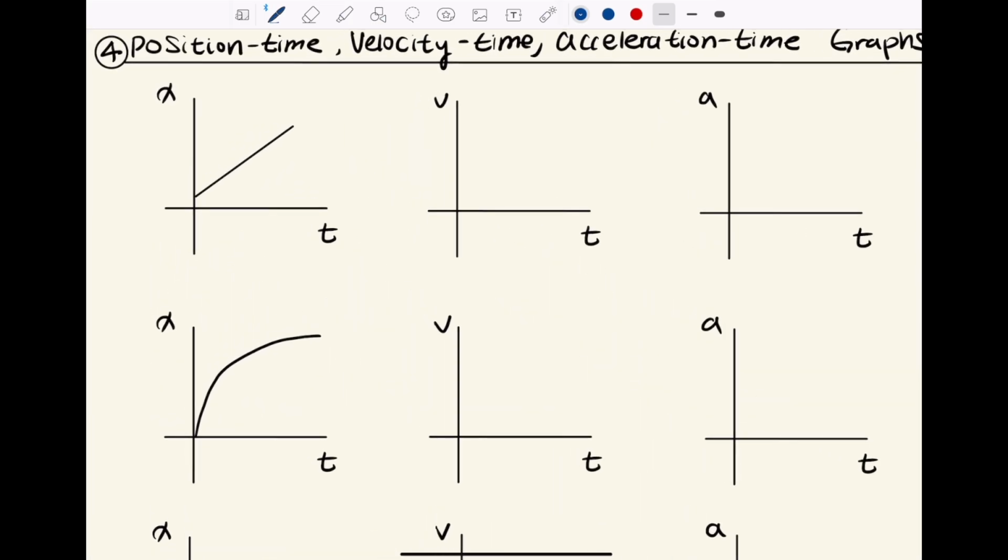So here, when we look at this graph right here, because it's a linear position time graph, the slope is positive, and so the velocity time graph would look something like that. And because the acceleration time graph is the slope of the velocity time graph and the slope here is 0, the acceleration time graph would look like that, basically meaning that there is no acceleration.